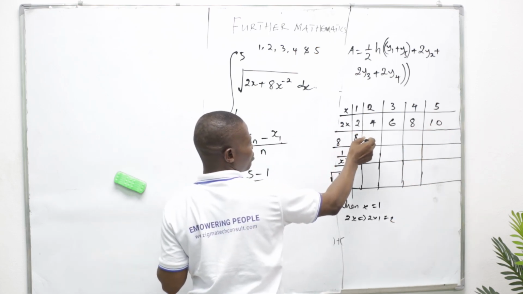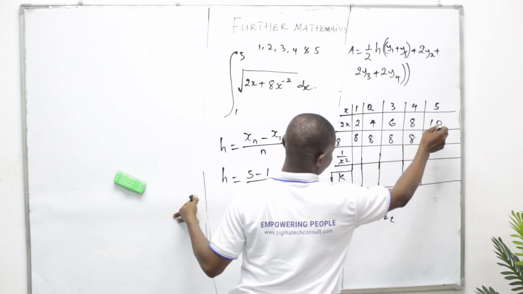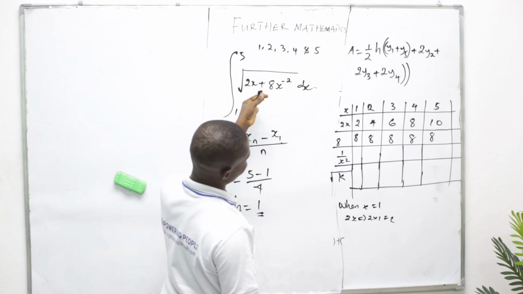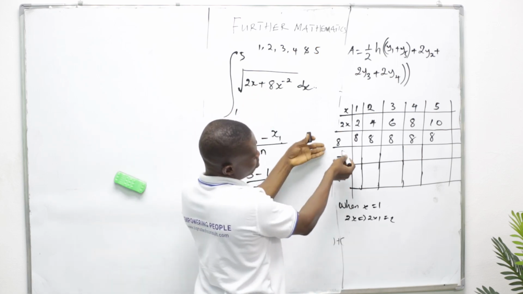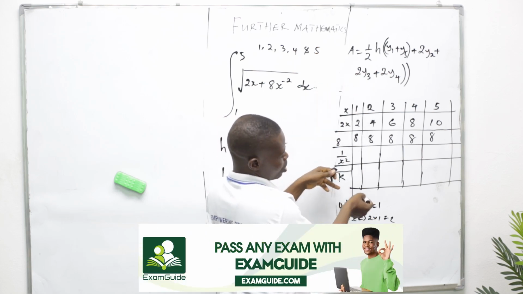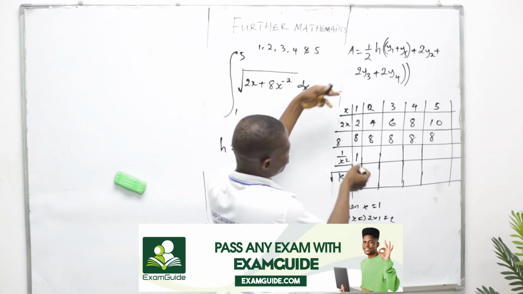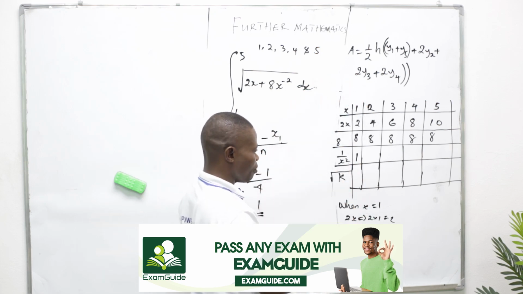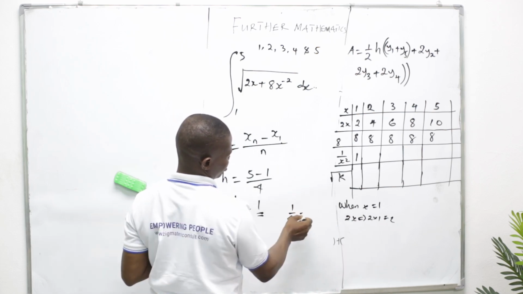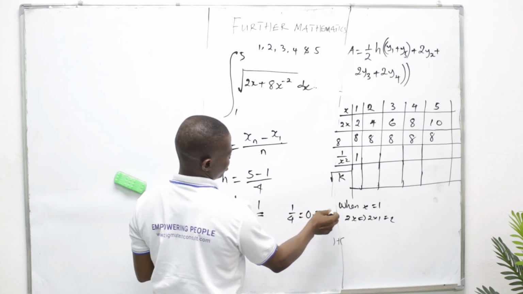Remember your quadratic graph. 8 is constant all through with respect to the sign or the operator assigned to it. So this one simply means 1 over x squared, meaning 1 over 1 squared is 1, all right. 1 over 2 squared, meaning 1 over 4, that is 0.25, okay?